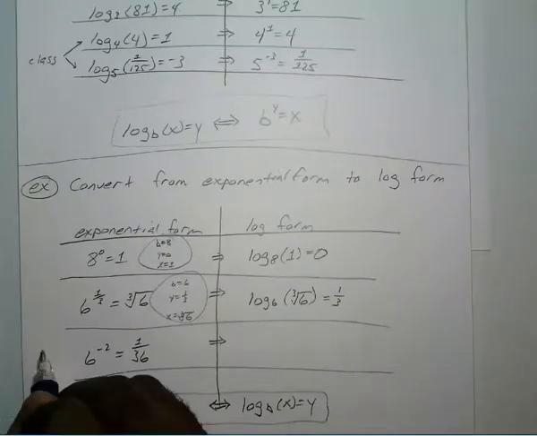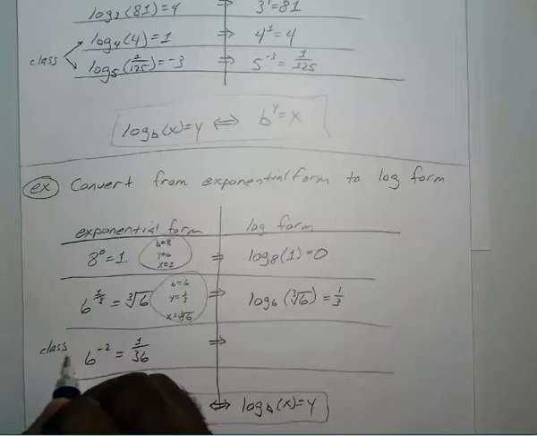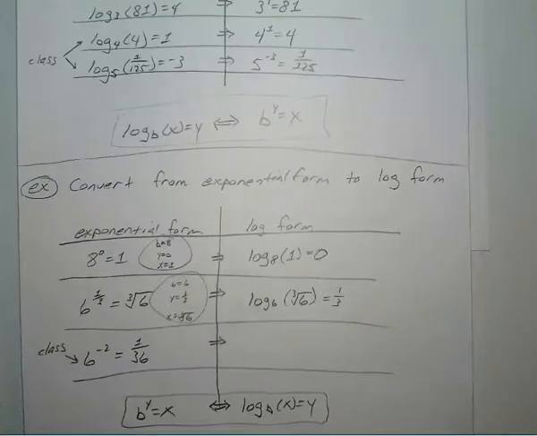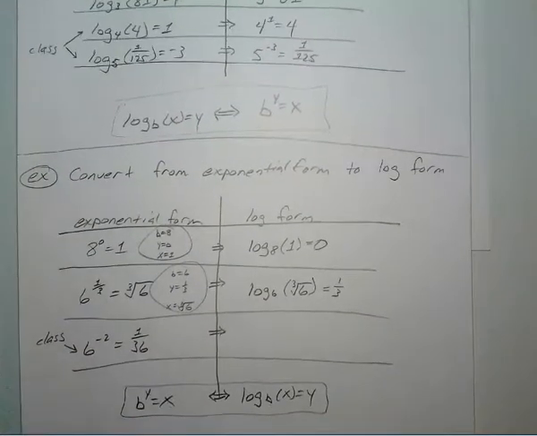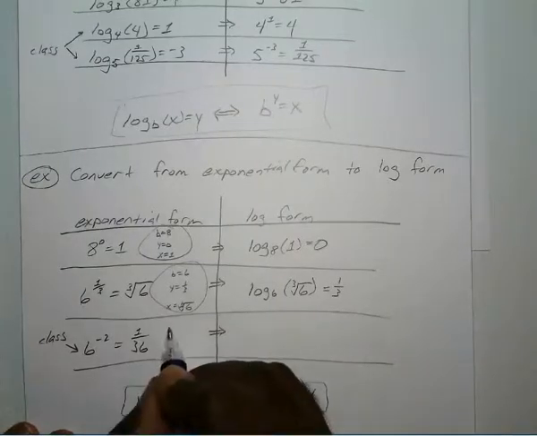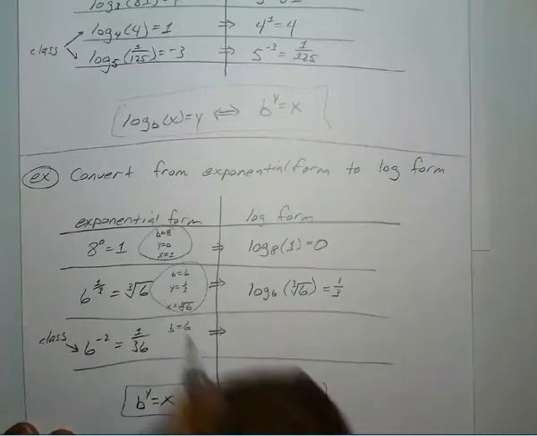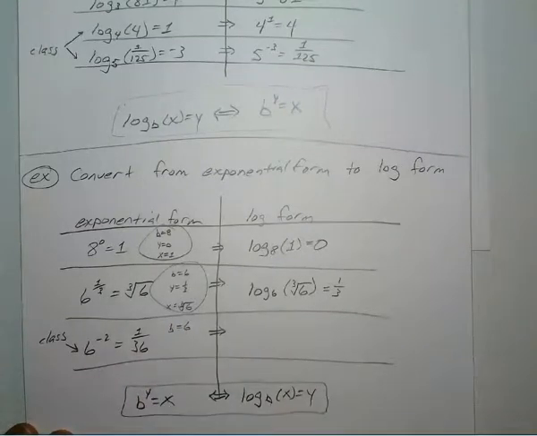Okay, now I want you all to convert that one to logarithmic form. Alright. So I'm assuming you've pressed pause and you've converted this one to logarithmic form. Okay, so we can go here in our base. We see that's equal to 6.